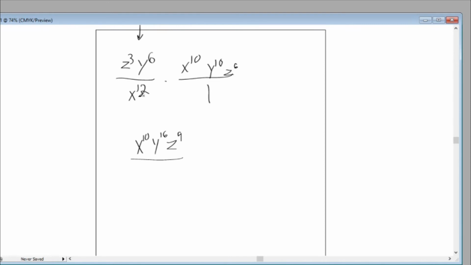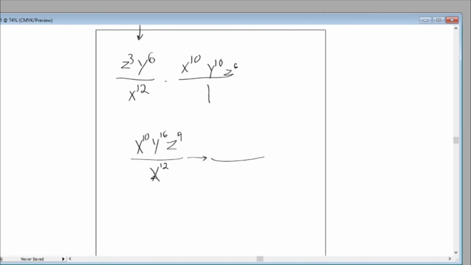Then on the bottom, we have x to the 12th times 1. Well, anything times 1 is itself, so we have x to the 12th on bottom here. And now there's only one thing left to do. And that is to simplify this fraction. We have x to the 10th on top and x to the 12th on bottom, so we can divide those again.